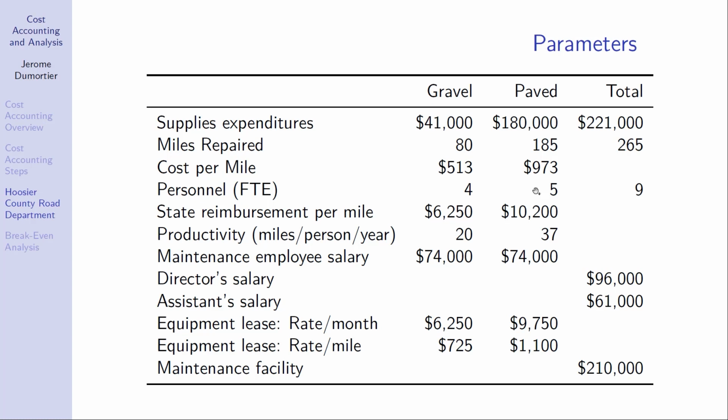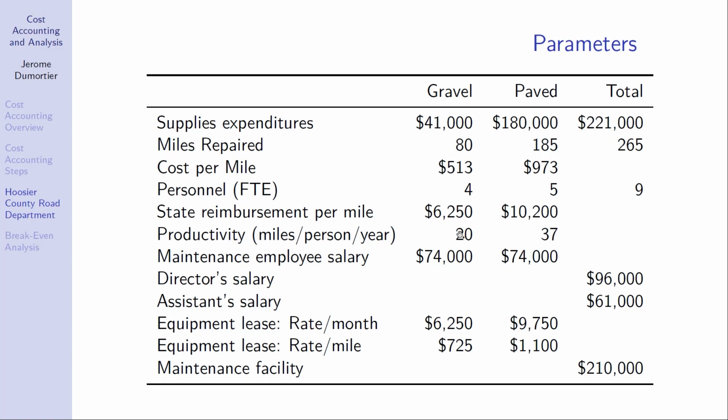Okay? And you also have here the productivity factors associated with the maintenance. Now, since we have the $74,000 of the maintenance employees, we know that we can link them directly to the two types of road, because we have 4 and 5 associated with gravel and paved respectively.